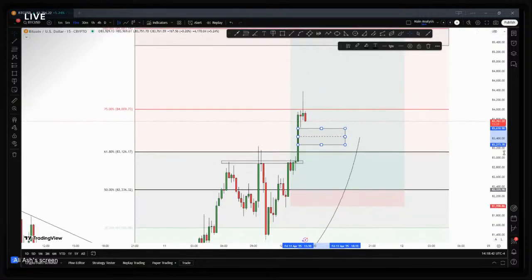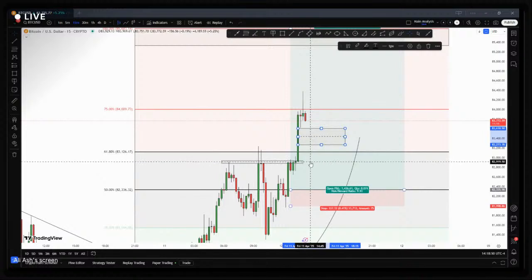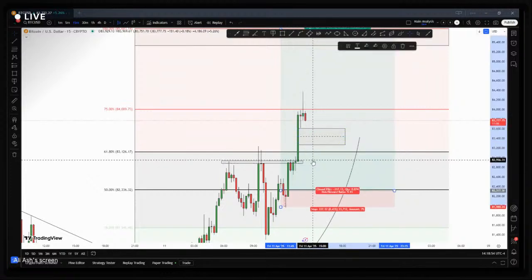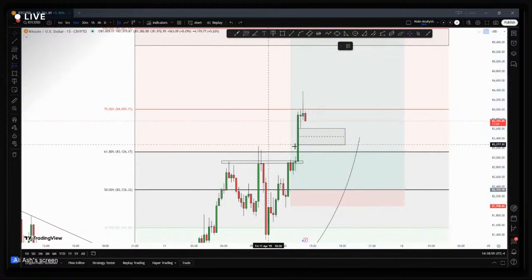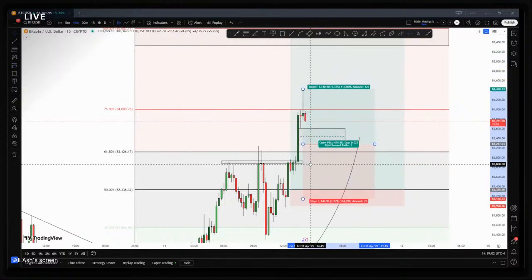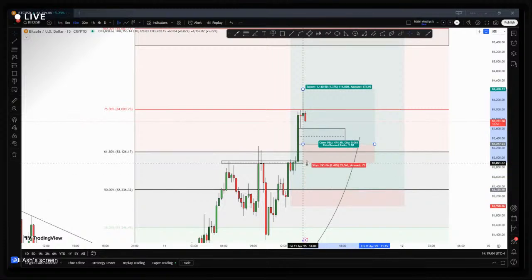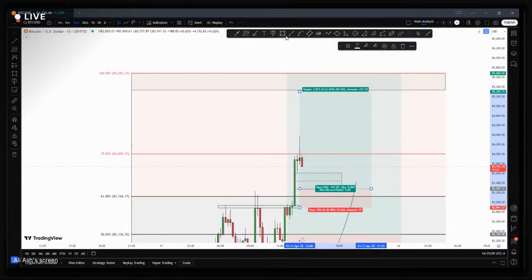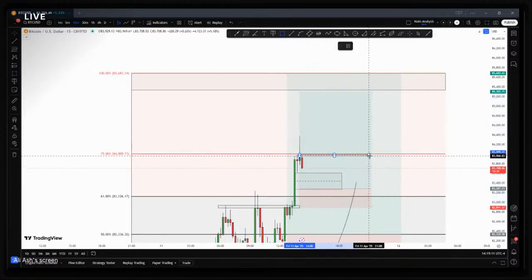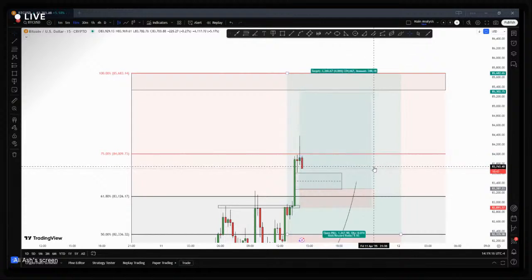If you want to go long here, you can, and keep your stop loss till here. This would be a stop loss, and this will be an optimal trade entry. This is the optimal trading position, and this is where you'll make your trade risk free below this resistance.